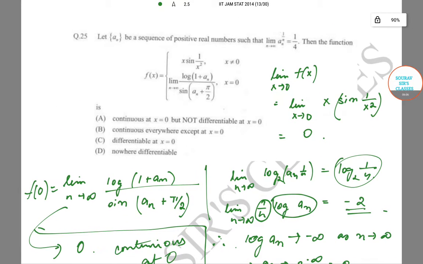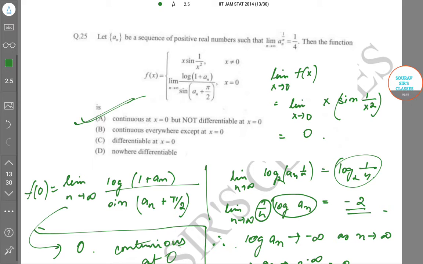So we have this option: continuous at x equal to 0 but not differentiable at x equal to 0, and this is the correct answer. We move on to the next problem now.